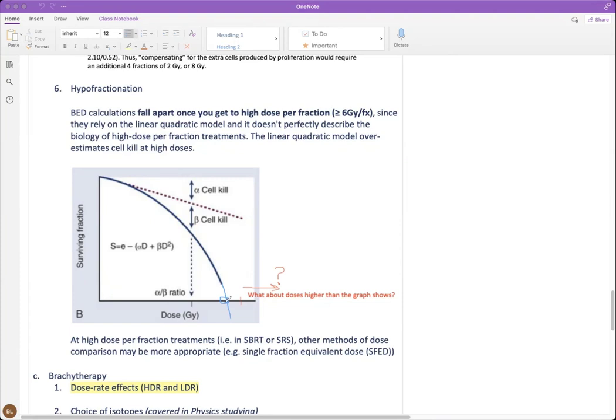So what this is saying is that this curve is probably wrong for really high doses. Most likely it goes down and then at some point it should probably be more straight.